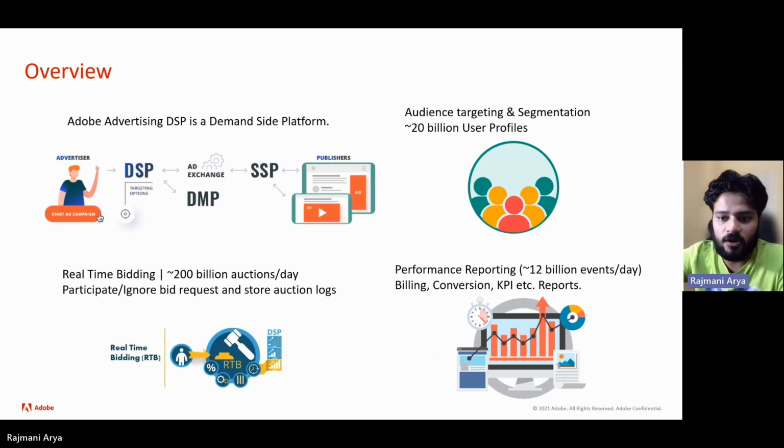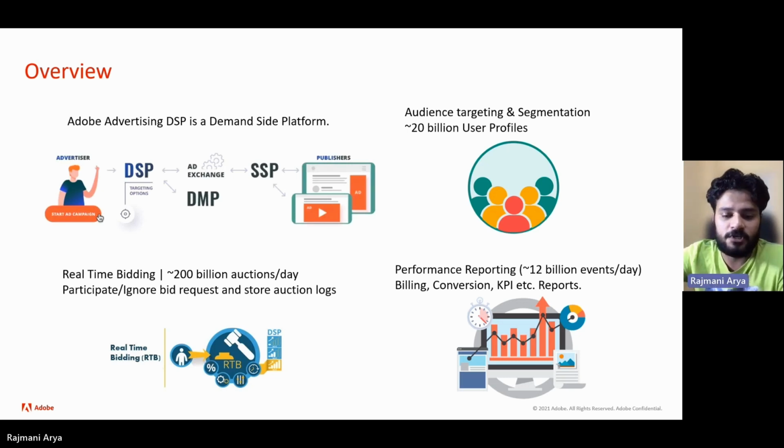So we receive around 12 billion events through multiple channels. Just as an example, it would be like auctions that we won and the auctions that we lost. Apart from that, we have whatever ads we served, like impressions of those ads, clicks. So those are all events that translate into the data for us.